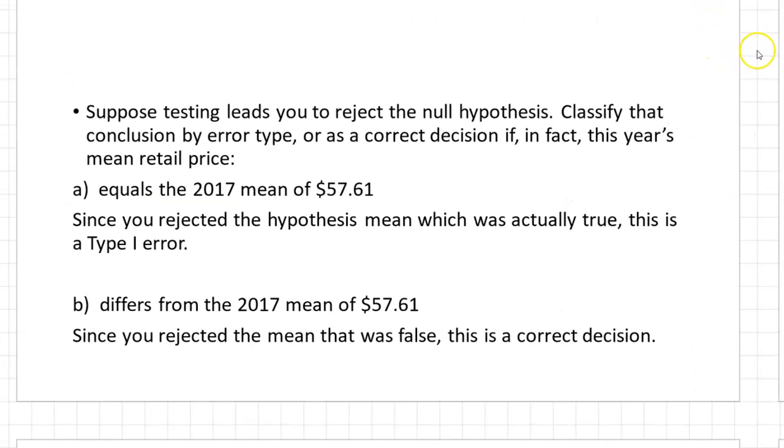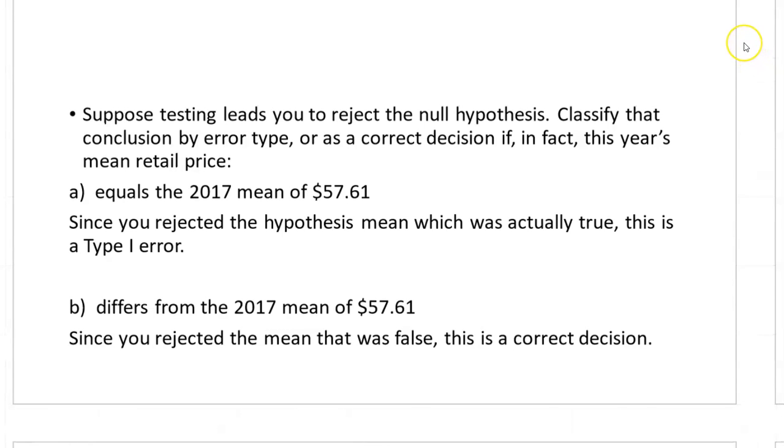All right, so if you go back to my textbook problem, look at the two different ways that I could look at this type of error. Suppose that this year's price really was $57.61, and I rejected it when it was actually true. That's the type 1 error. Suppose that this year's price differs from the $57.61, and I rejected it, and it really should have been rejected.